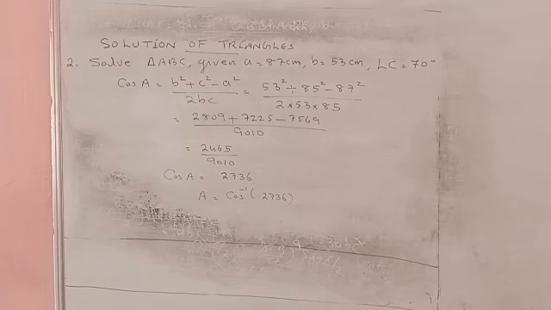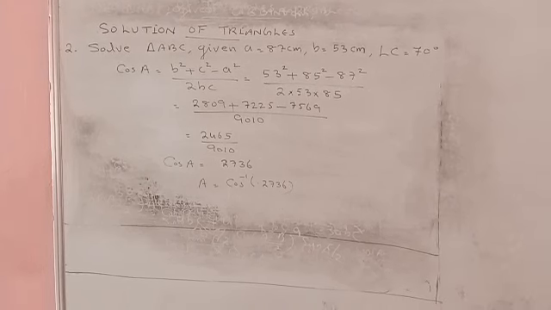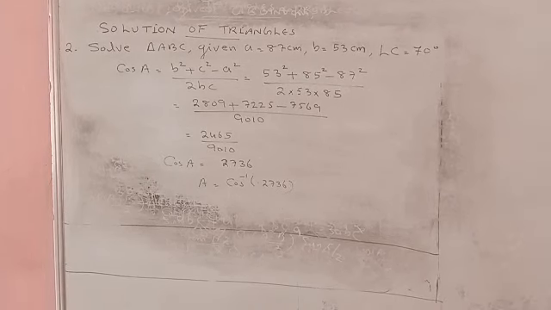Then the numerator after simplification becomes 2465 divided by 9010. After the division we get cos A is equal to 0.2736. Therefore A is equal to cos inverse 0.2736.